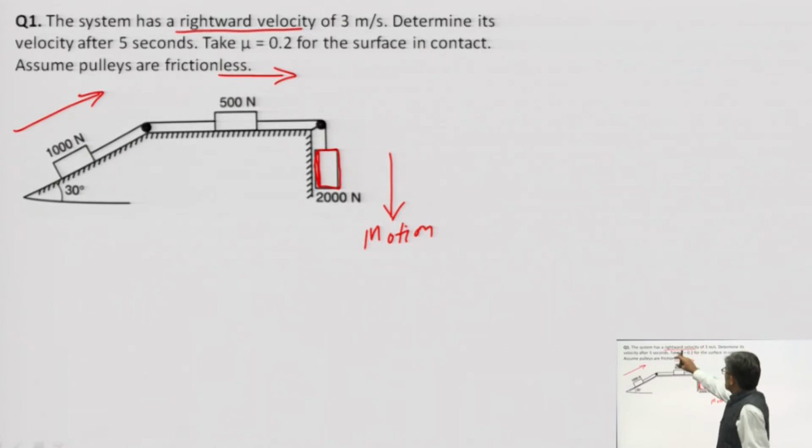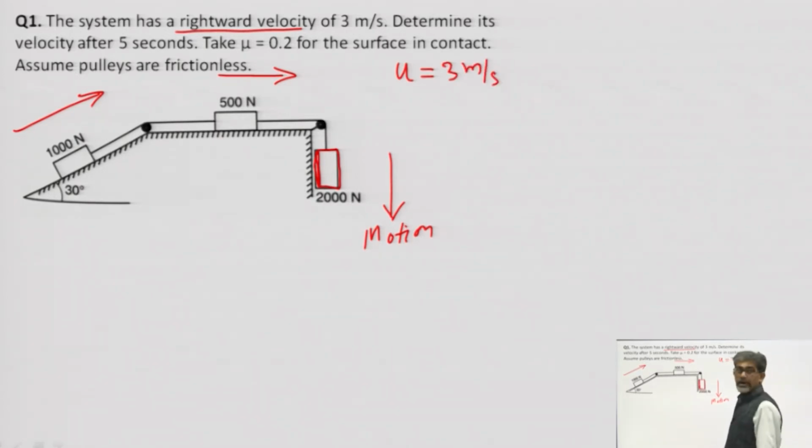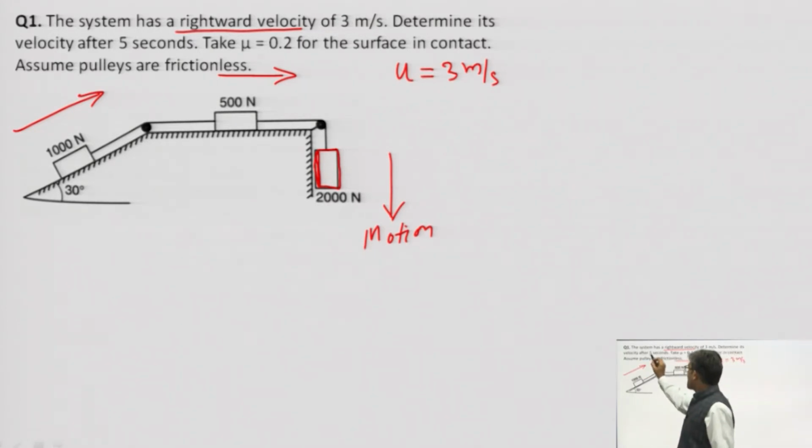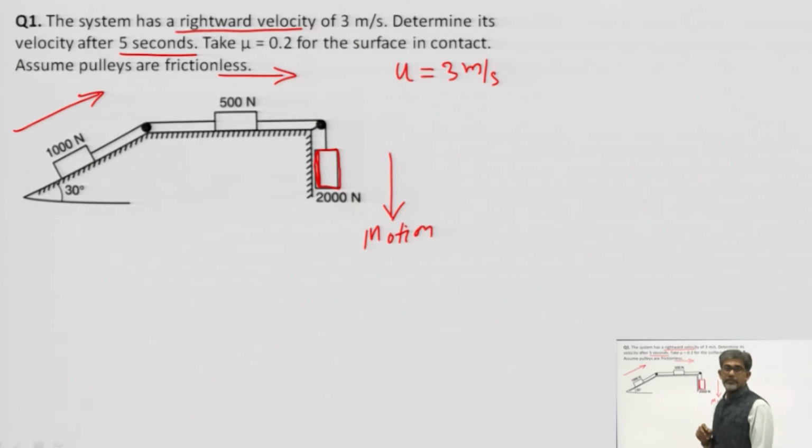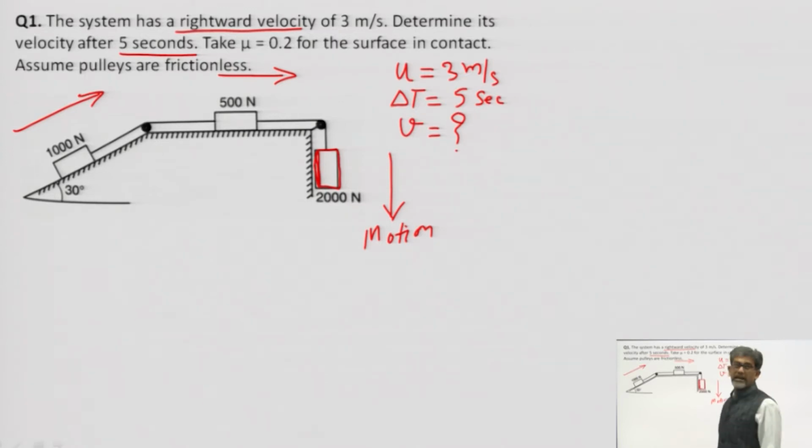The rightward velocity is, say, 3 meters per second. We need to determine the velocity after 5 seconds, meaning delta t is 5 seconds, and we need to find the final velocity.